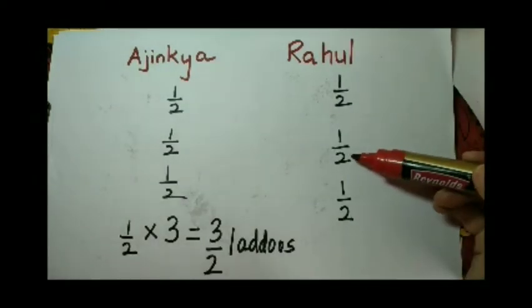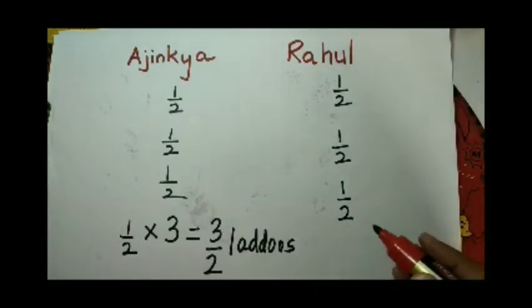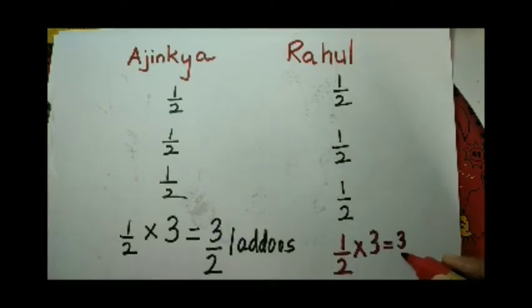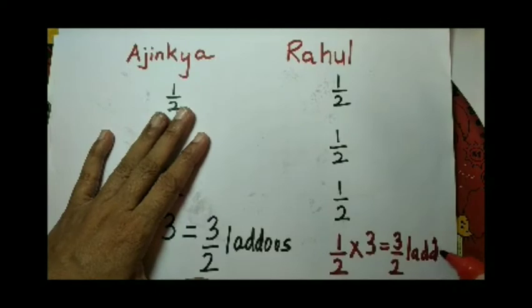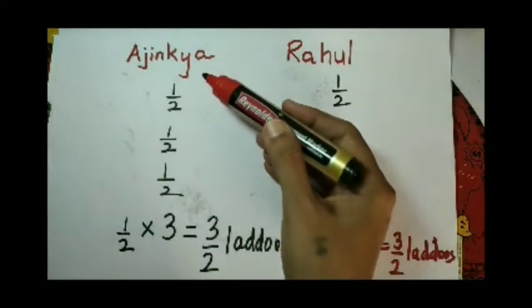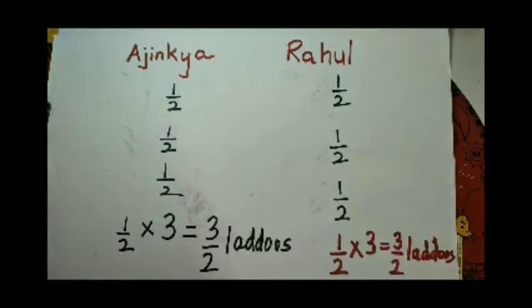And Rahul also gets 3 halves of the laddus, that is half multiplied by 3, that is 3 upon 2 laddus. So 3 upon 2 laddus for Ajinkya and 3 upon 2 laddus for Rahul.